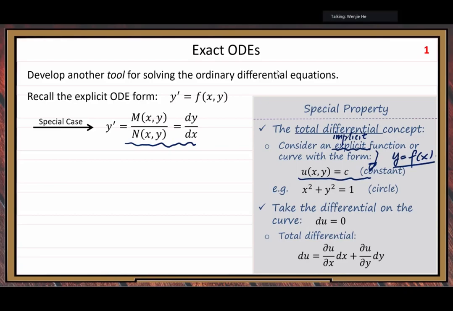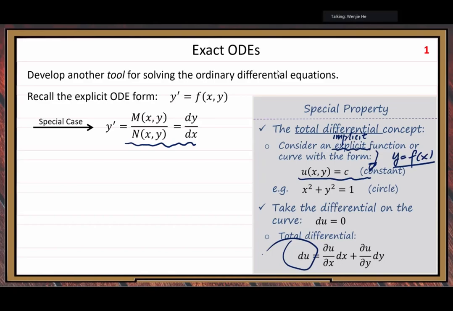This formula is related to the total differential concept. Why do we call it the total differential concept? Now, let me cover this. You only look at this side. When you look at this side, it's a differential form, right?